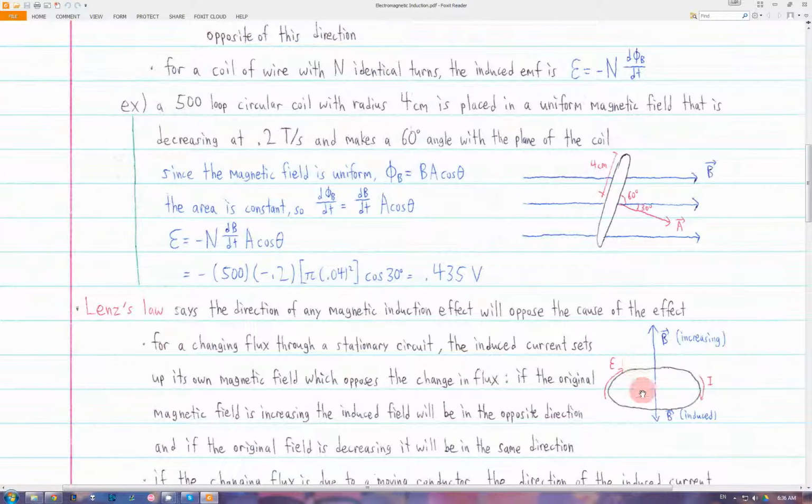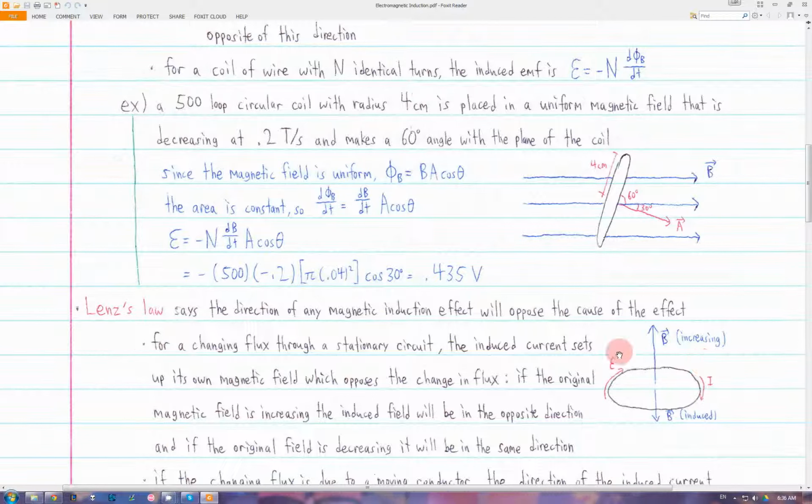So here we have a picture of a circular conductor, and the cause of the induced EMF in this case, we see there's a magnetic field pointing upwards, and this magnetic field is increasing, which of course causes the flux to change, and then the EMF is induced.